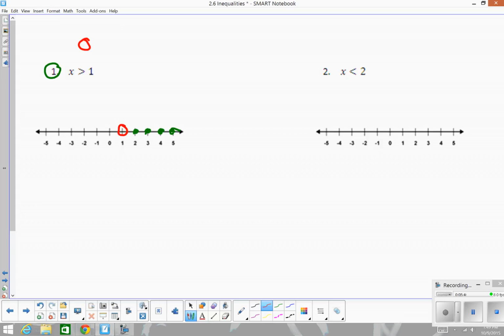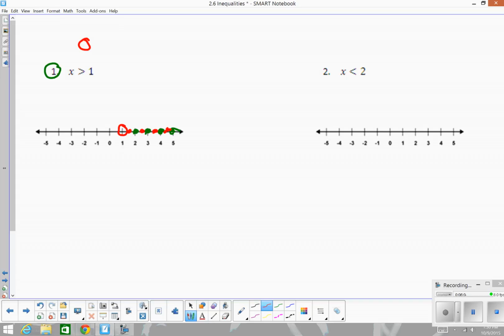Now, what I want to do is display that answer. I'm talking about all the numbers that are greater than 1. Like I said, that's 2, 3, 4, 5. What about 1.5, which is right there? 2.5, 3.5, 4.5? What about all the numbers in between those numbers?